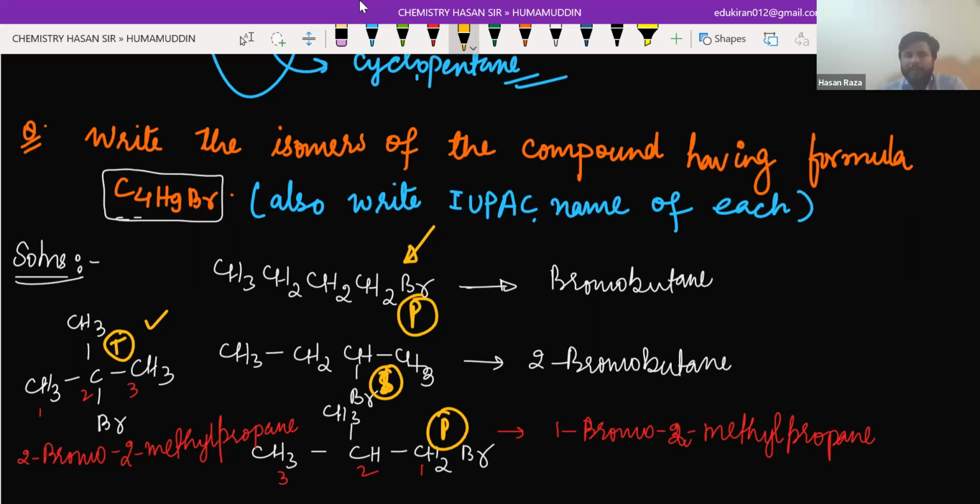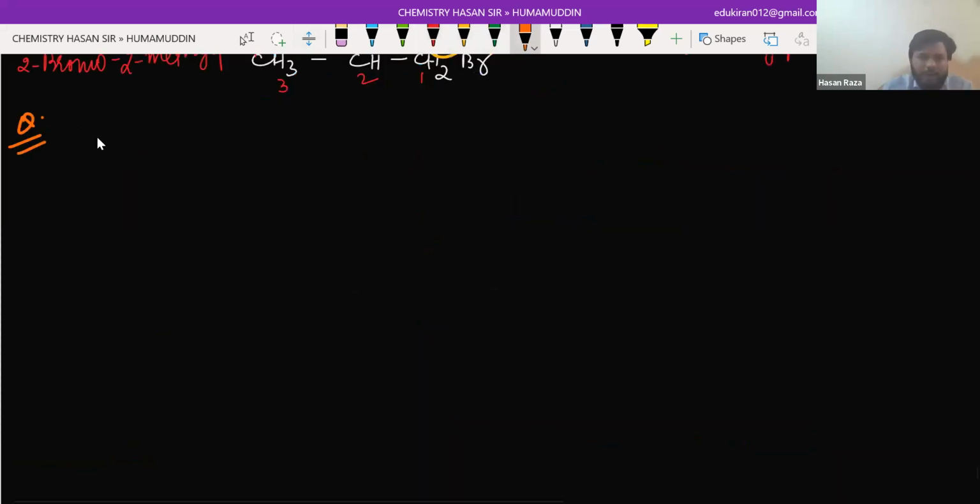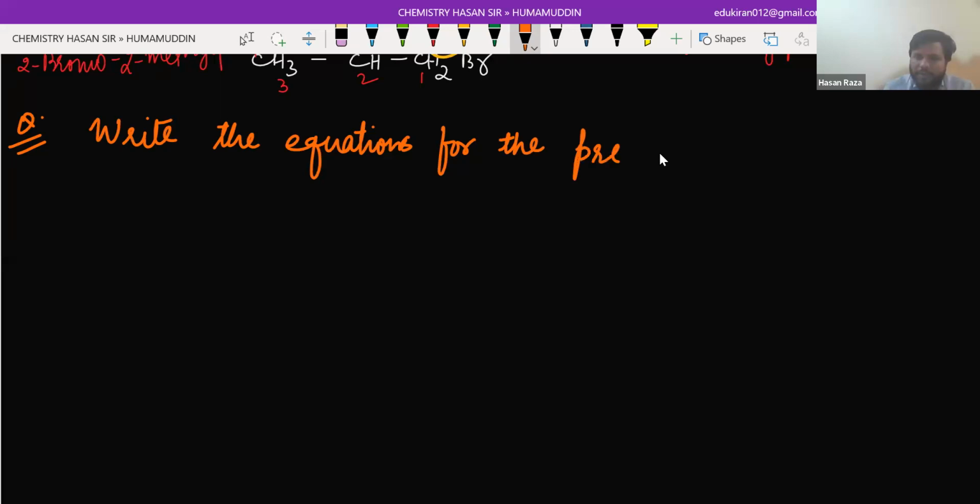The next question is about the reaction that we have already studied. The question is, write the equations for the preparation of 1-iodobutane.